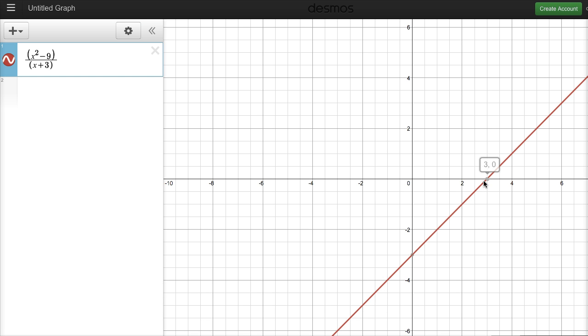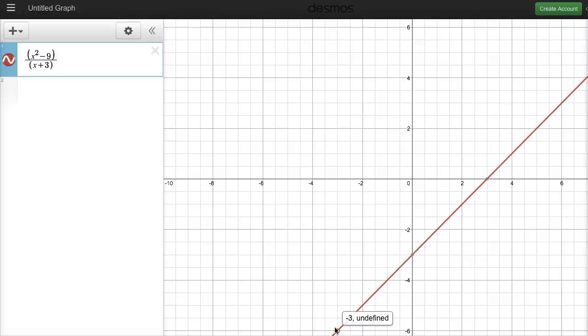If I'm looking at this, it's a line, right? So I'd be tempted to say that my domain is all real numbers, but I notice that when I get over here to, if I trace this, when I get to -3, it should say undefined, right? So there's no x value, right? The x value of -3 can't be in my range or my domain.